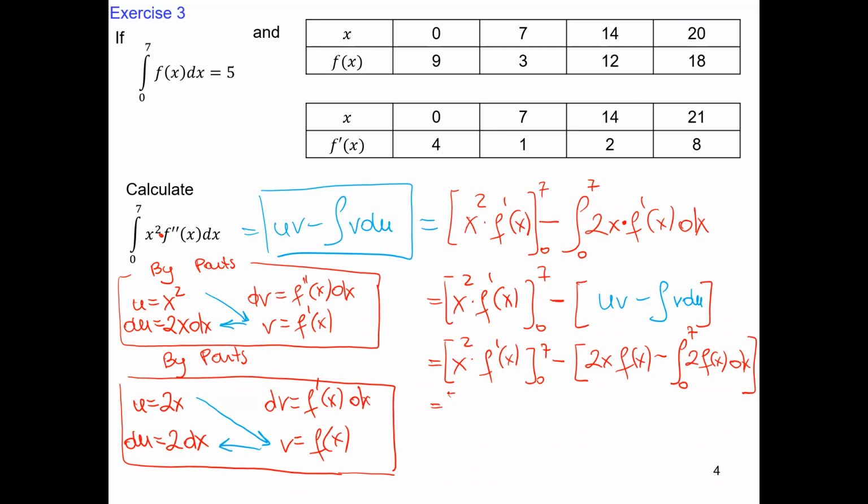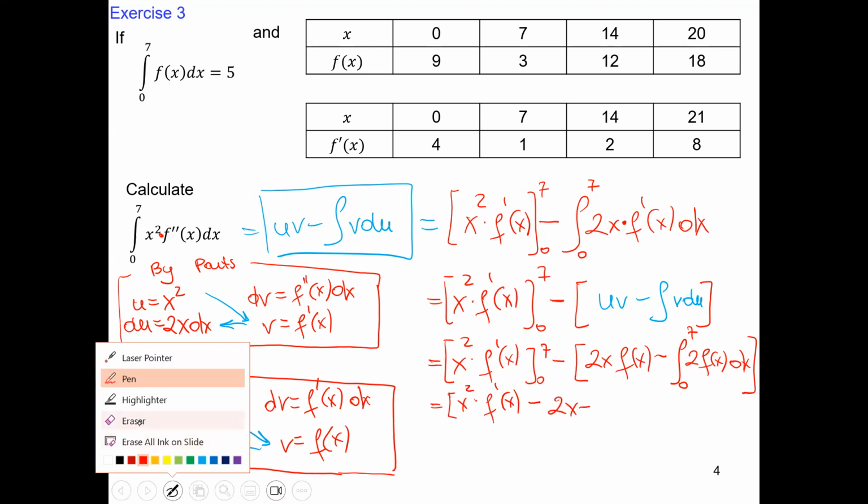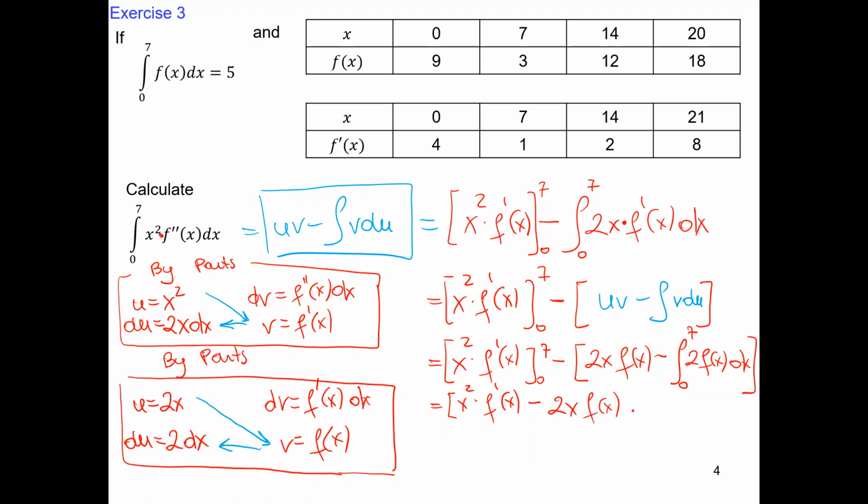So x squared f prime of x minus 2x times f of x, everything evaluated from 0 to 7, and the negative will become positive on that integral. Oh, 2 times that integral. I almost missed that too, because it will be 2 times 5.